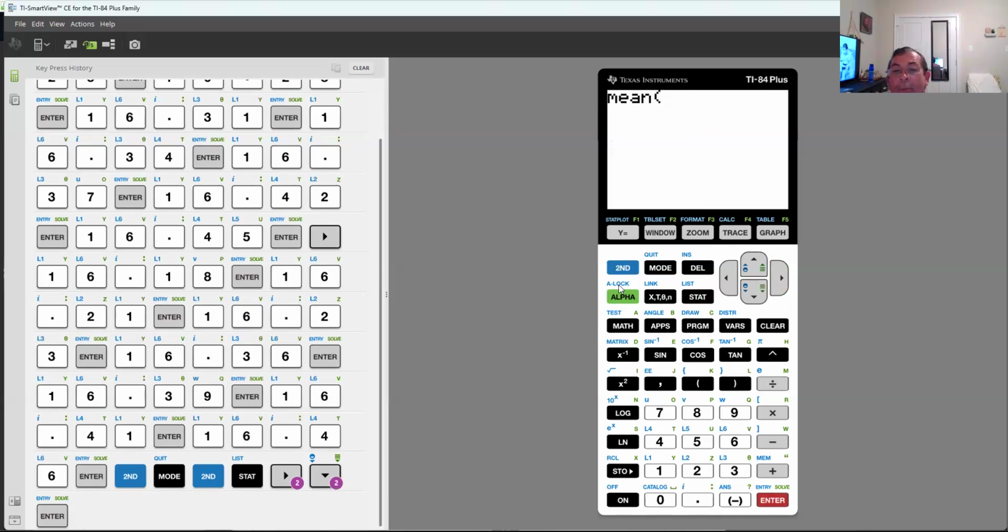And remember, I put my A stuff in L1, so I need to get L1 by hitting second stat for the list. L1 is highlighted, so I'm going to hit enter. And y'all, when I hit enter, I will get the mean of L1, which is A. So that is 16.34.